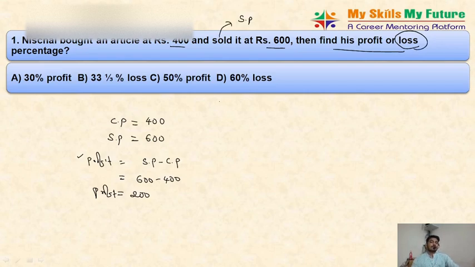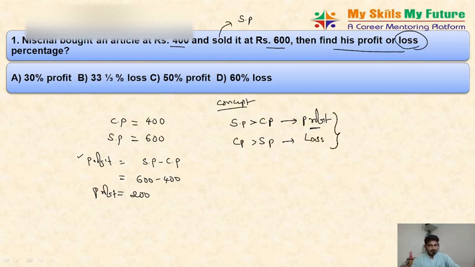So in the concept introduction part, while explaining the concept, I told you that when the selling price is greater than the cost price, then you definitely get the profit here. Or if the cost price is greater than the selling price, then you definitely get the loss here.